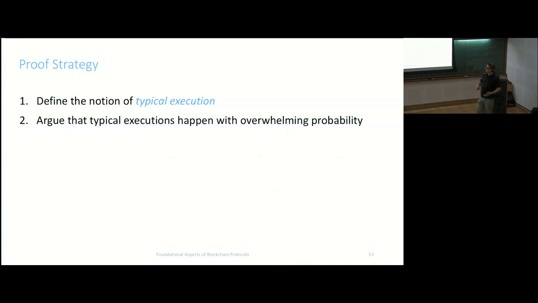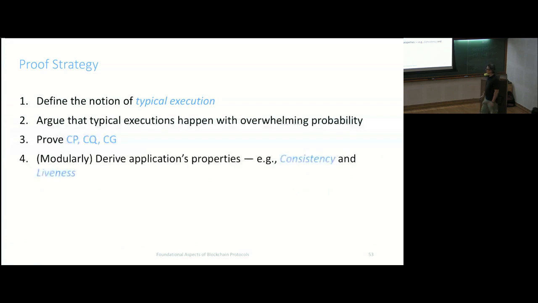When we have those typical executions, we don't care if it's not a typical execution, we give up, but those are going to happen with negligible probability. Now we focus on typical executions, and then we prove these properties, common prefix, chain quality, and so forth. And then derive the application properties modularly.